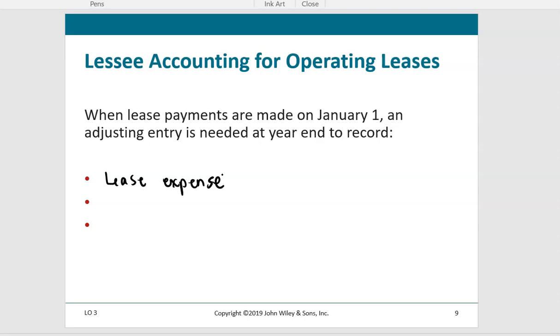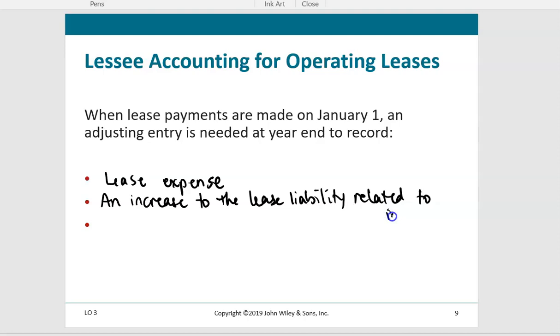Another thing we need to record with this adjusting entry is an increase to the lease liability related to interest. So remember on the last slide I said we're not recording interest expense. What are we going to do with that interest component that the lease liability is driving? We're going to record it as an increase to the lease liability. And the third item that we're recording every year as an adjusting entry is a reduction in the right of use asset.